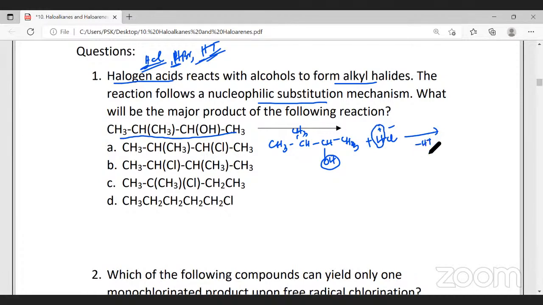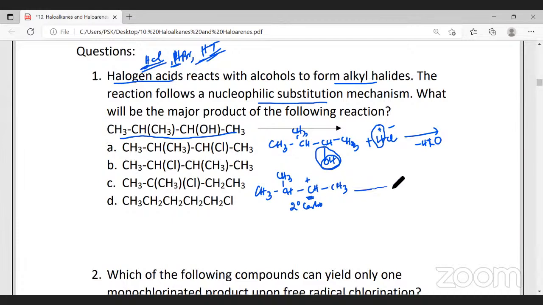When H2O is eliminated as the byproduct, what you get is CH3, CH, CH, CH3, and you will get a positive charge here, and you will get CH3. Why positive charge? Because OH is eliminated. So the carbon donates both. OH minus is eliminated, not OH. OH minus is eliminated, the bond. So carbon gains what? Positive charge. This is a secondary carbocation, because this carbon is bonded to two other carbons. Therefore, it is called a secondary carbocation.